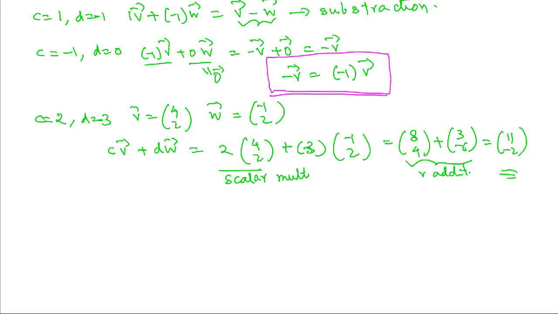So essentially we can say 2V minus 3W, because this again means multiplying by minus 3. Whenever there is a negative sign, you think of that as multiplying with a negative number.